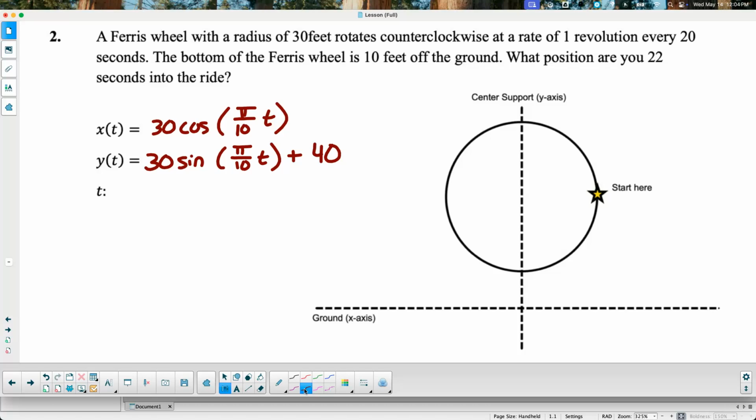And then we said to ourselves, we got to go at least 20 on the t values. So in the last class, we said we need a number bigger than 20. They chose 30.